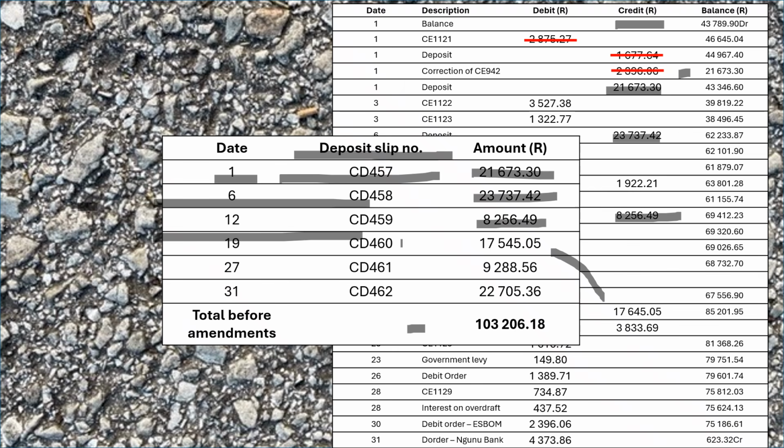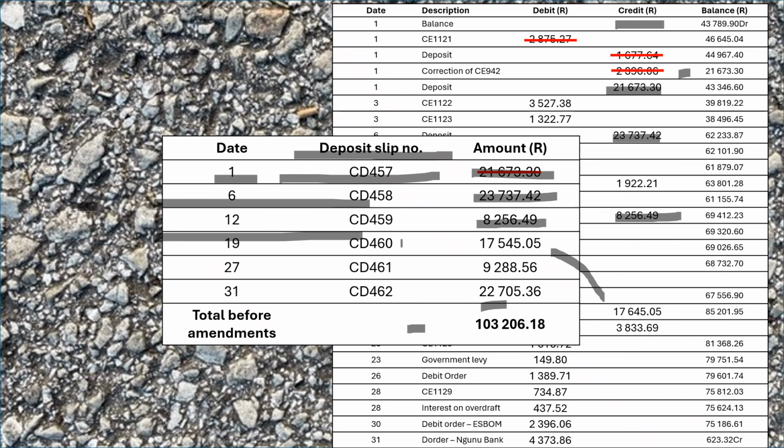And if we see they both have the same number, 460, but the amounts are not quite the same. So we're going to have to see who has made a mistake, either the bank or us, and correct it in the appropriate place. Right, 928856 I don't see. 22,705.36 I don't see. So let's see what we need to do.